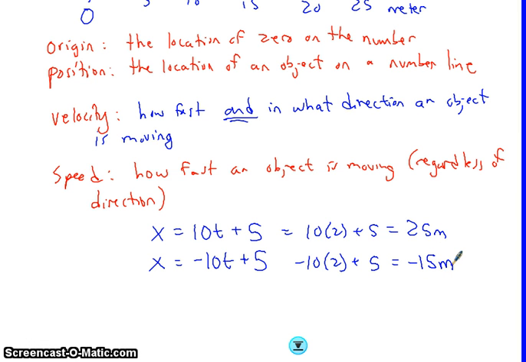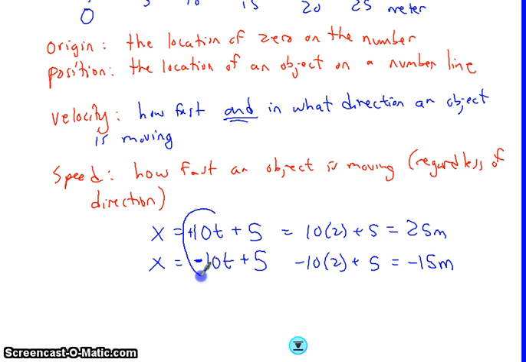So in other words, both objects at 0 seconds started at 5 on the number line. This object ended up 20 meters further in the one direction on the number line at 25 meters. This object ended up 20 meters behind where it started. So this negative sign here indicates to us the direction that the object was going. This object, we say, was going in the positive direction, and this object was going in the negative direction.